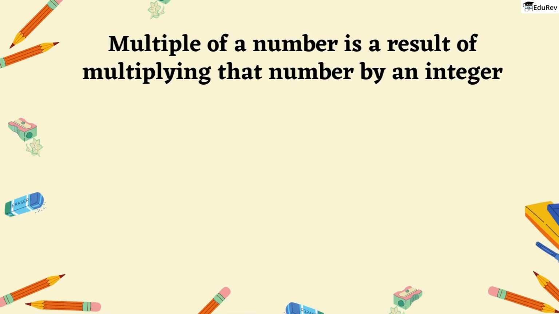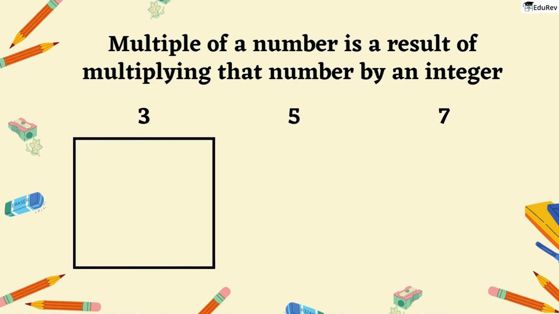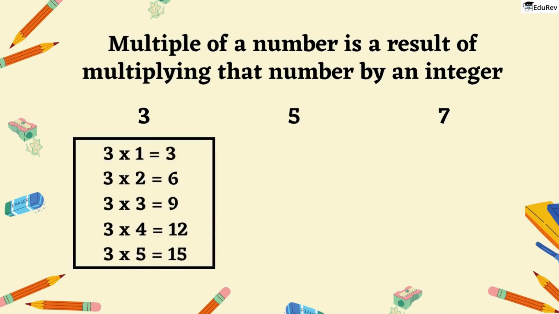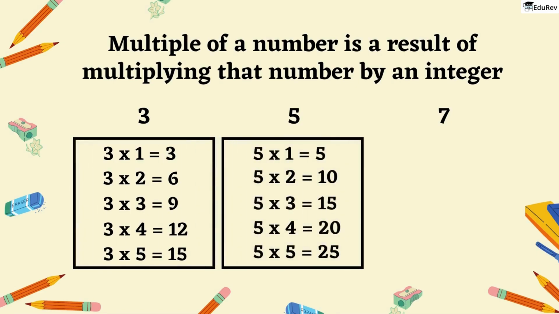Let's see the multiples of 3, 5 and 7 given below. See, the multiples of 3 given below are 3, 6, 9, 12 and 15. Multiples of 5 are 5, 10, 15, 20 and 25.